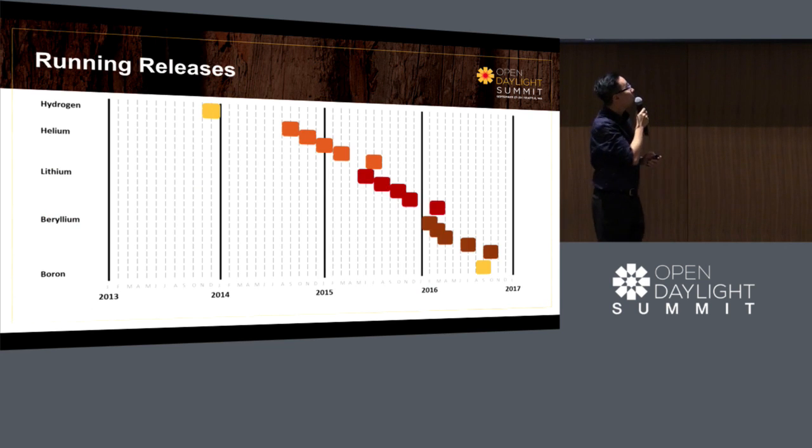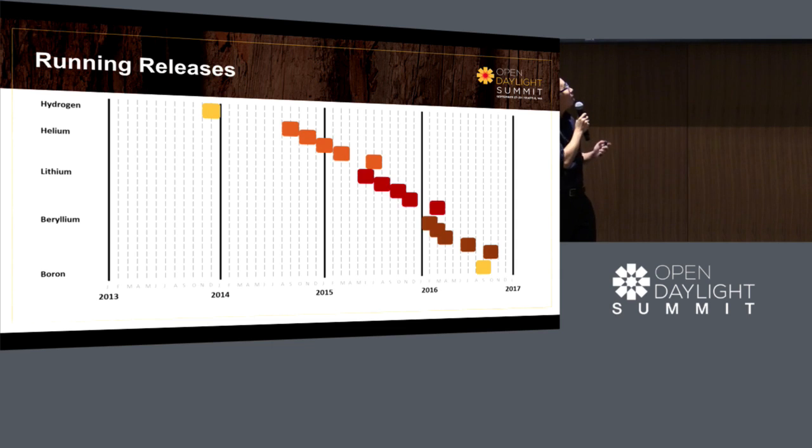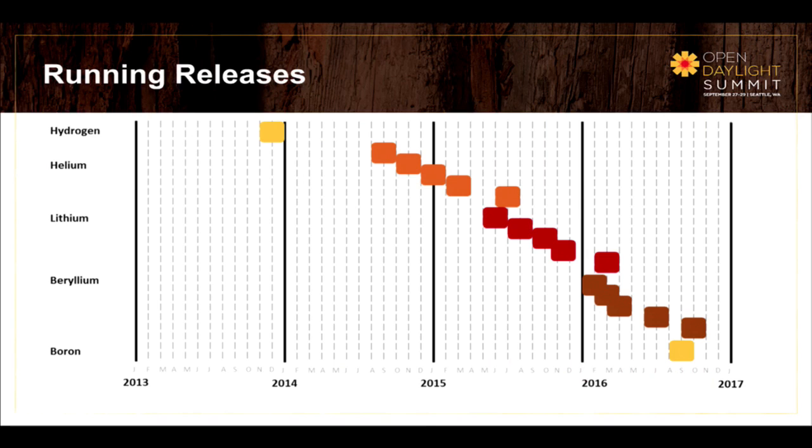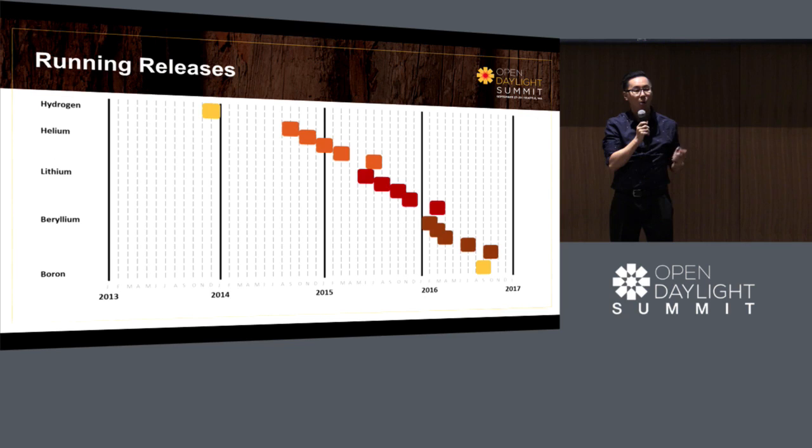So in this diagram, you'll see that as Boron is coming to a close, we're still developing Beryllium. And with Boron, we're already starting to discuss and plan and work with Carbon. And so there are multiple release trains all being developed on simultaneously.